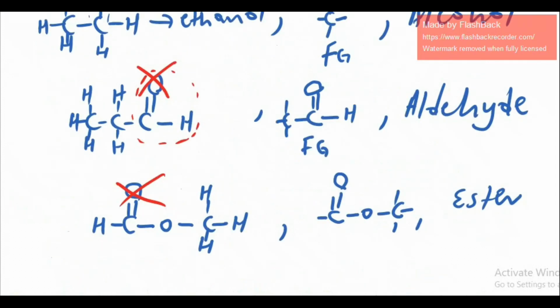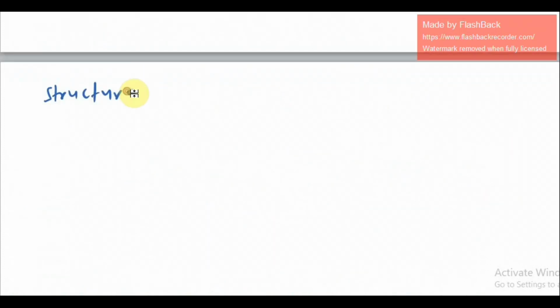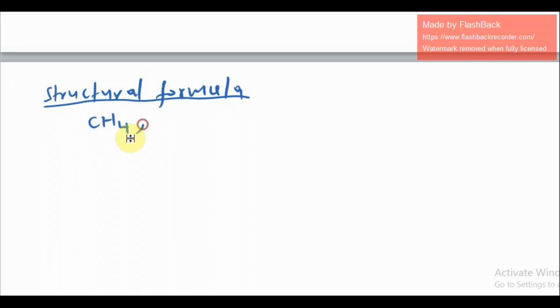Okay, let's go to the structural formula. You must make sure that all the bond lines appear. Let's say you are given this compound. For example, this is methane. This is methane, but this is the structural formula of methane.